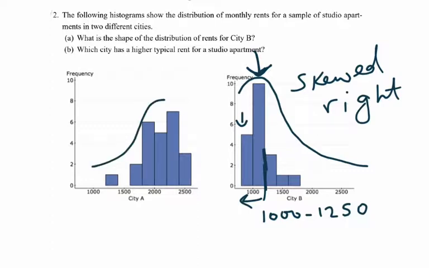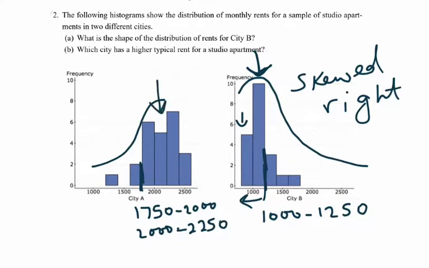Most of the rents are above this number here. It looks to me like that number is about $1,750. So the typical rent there, I mean, you could even say $1,750 to $2,000. I would accept $2,000 to maybe $2,250. Either one of those would be acceptable, but either way, the typical rent price is certainly higher in City A.